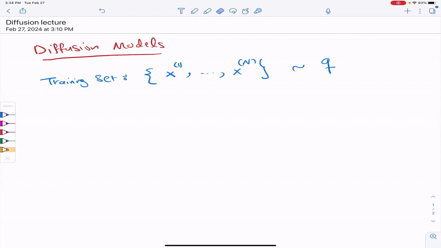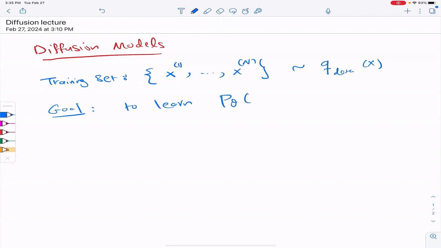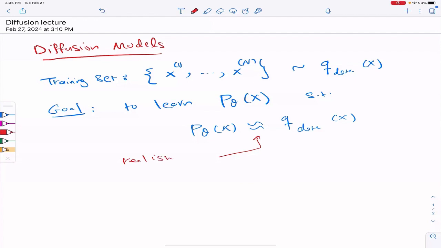Let's call that distribution Q data of X. Our goal is to learn a generative model, P theta of X, such that P theta of X in distribution is similar to the underlying data distribution, so we are able to generate realistic samples. This assumption ensures the samples that we generate are realistic.